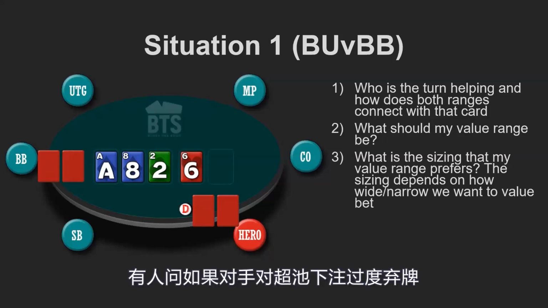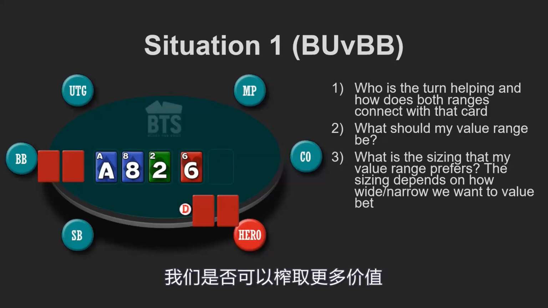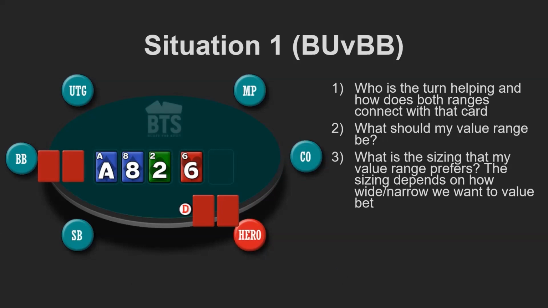Okay, if people overfold to overbets, do we not overbet so we can extract more value? That is a really good question, Alfred. Exploitatively, again, we're always talking about a default strategy, how we should approach certain situations.